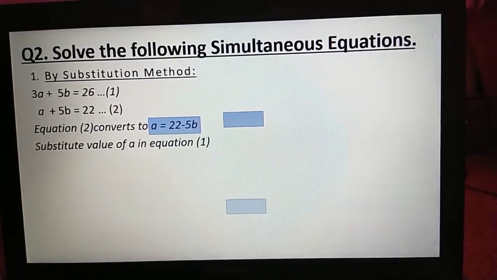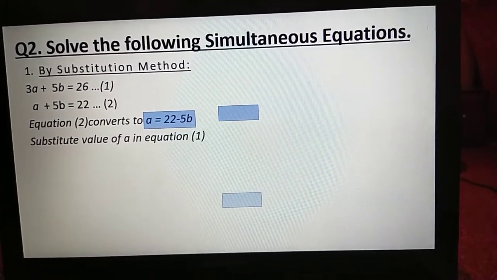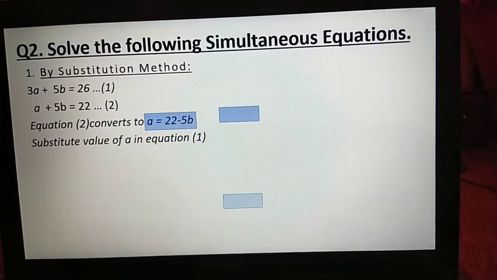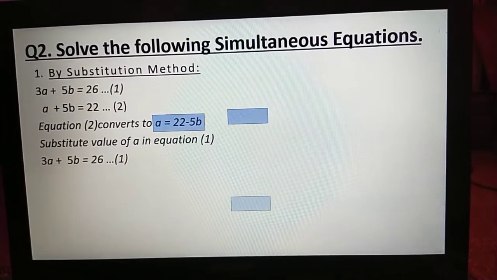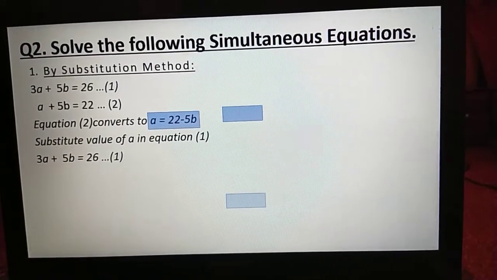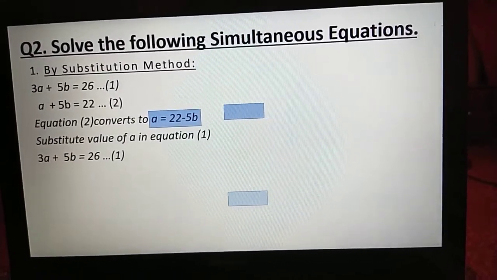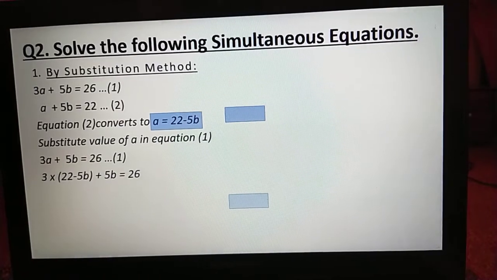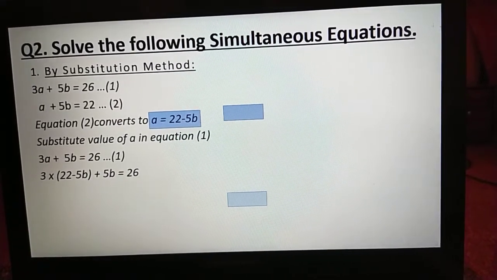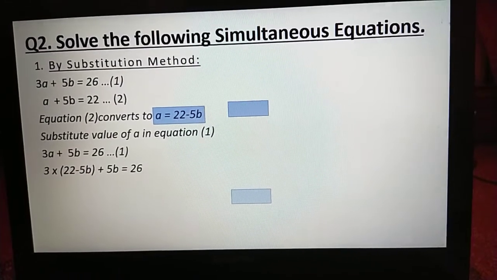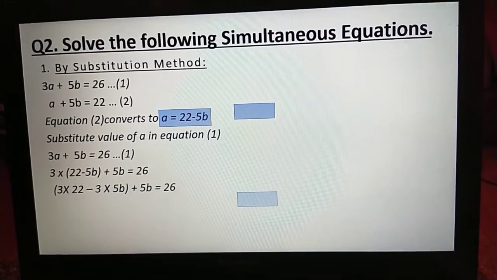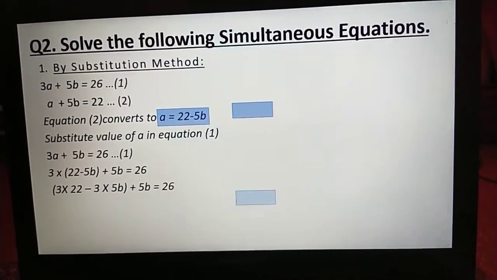So substitute this value of a in equation 1. We take a equals 22 minus 5b in equation 1. So wherever a is written, you have to put 22 minus 5b. So you write 3 into (22 minus 5b) plus 5b is equal to 26. So 3 into 22 minus 3 into 5b.